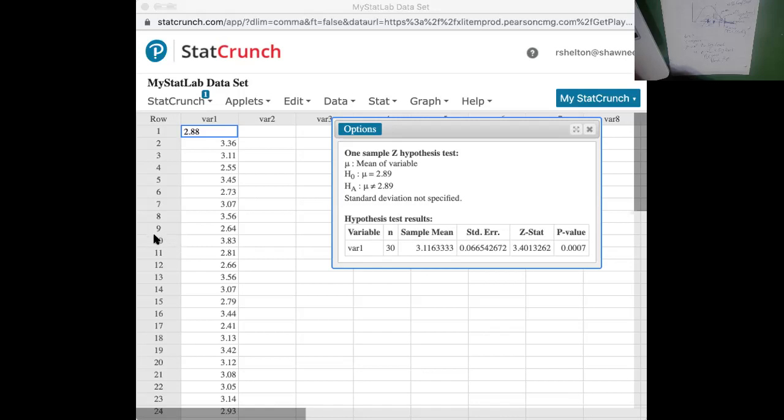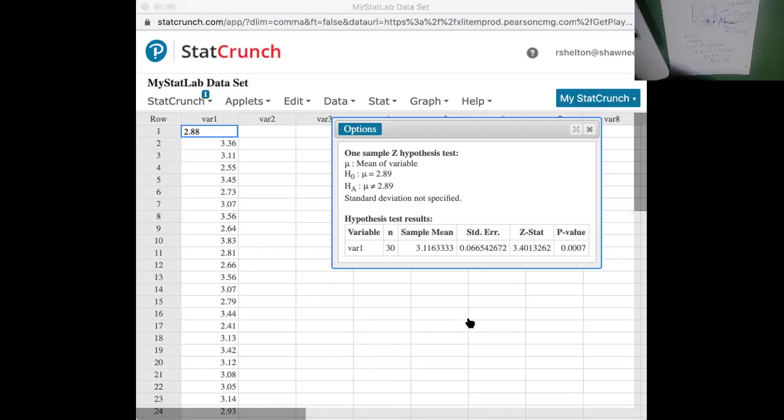So you know you're going to reject already, but you get the same conclusion here. You compare this 0.001 and ask, is it less than 0.05? Well, yes, it's quite a bit less than 0.05. So you reject. Since the p-value is less than or equal to the significance level, we reject H0.